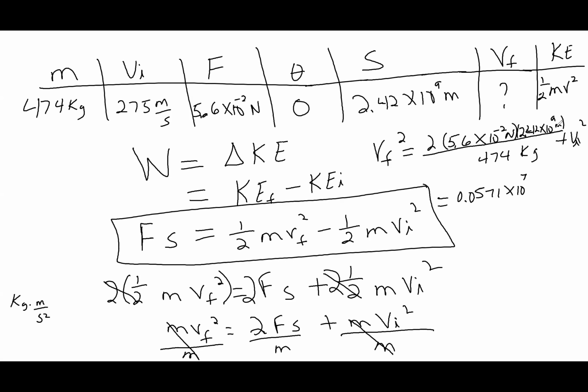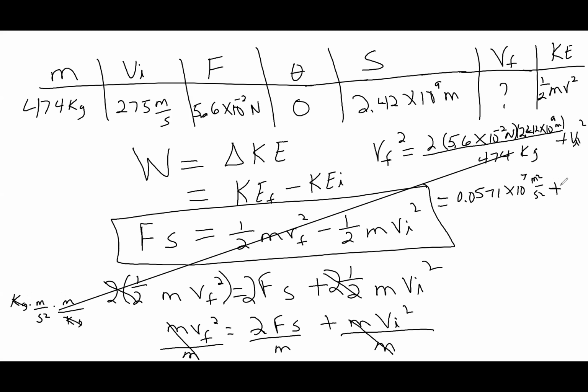A Newton times another meter, and we divide it by a kilogram. So that will cancel. So this unit here is meters squared per second squared. Very good. The units have to match.